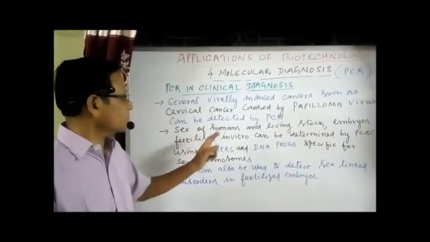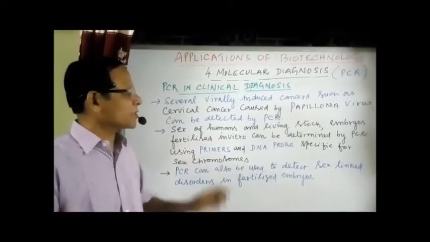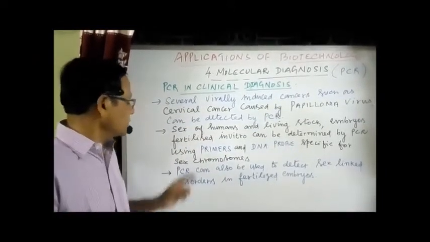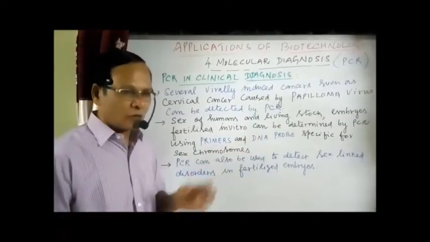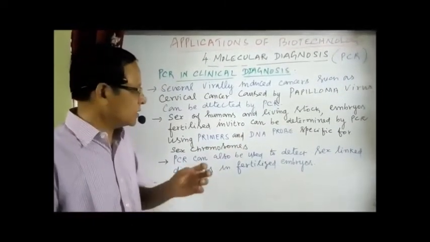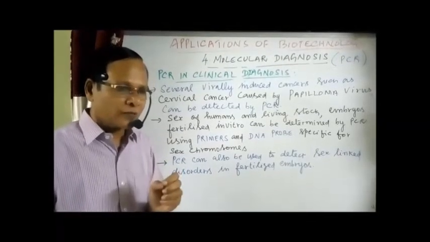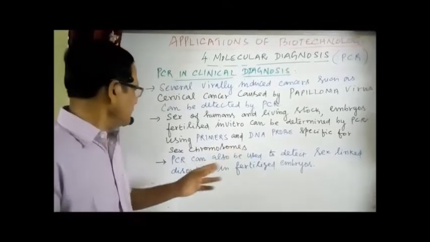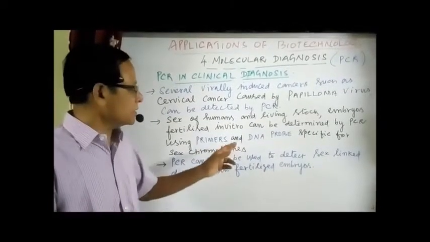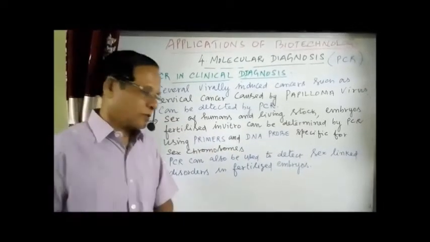So the sex of humans and livestock, and embryos fertilized in vitro, can be determined by PCR using primers and a DNA probe. A DNA probe is nothing but a small segment of DNA used to identify the DNA of any other species, and this probe is specific only for sex chromosomes, to find out the nature of the sex chromosome.